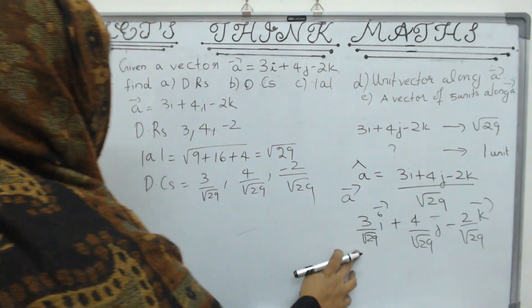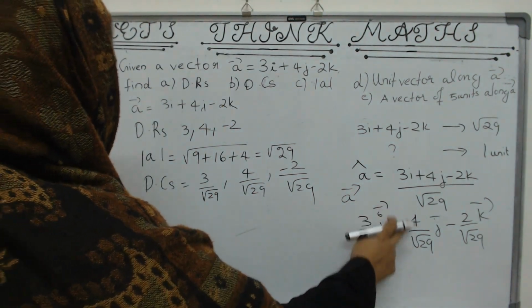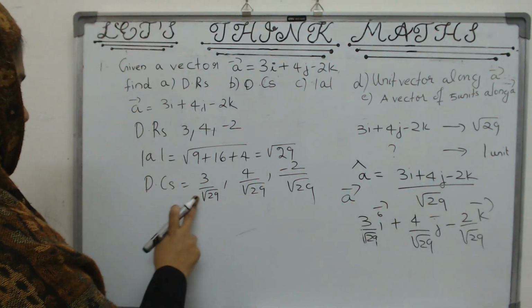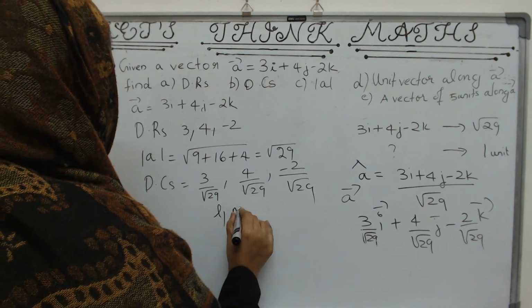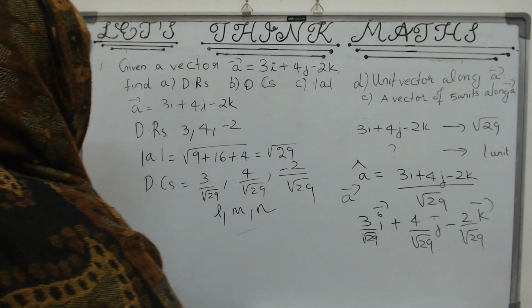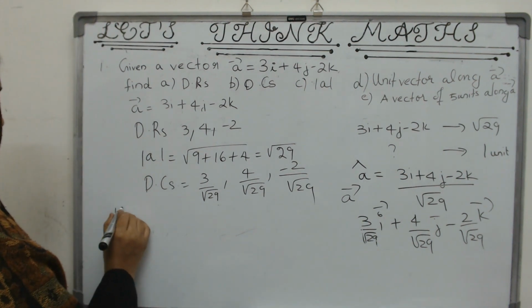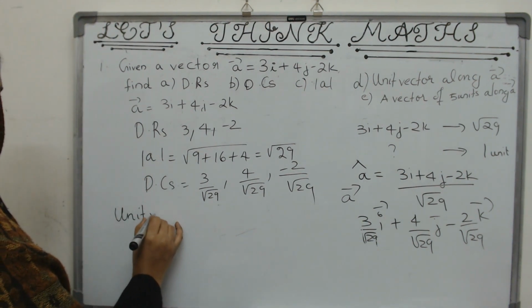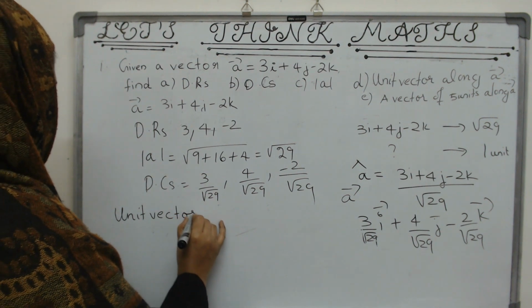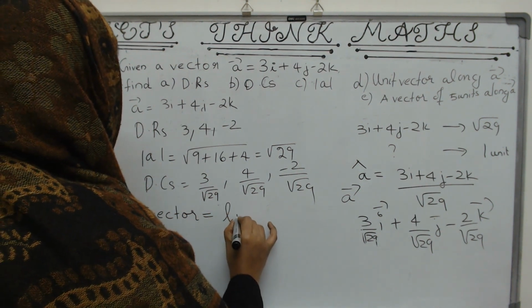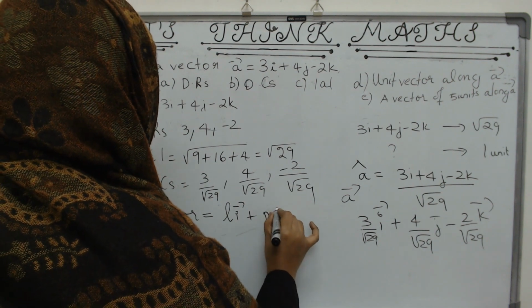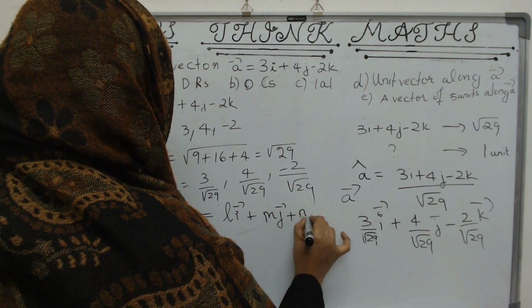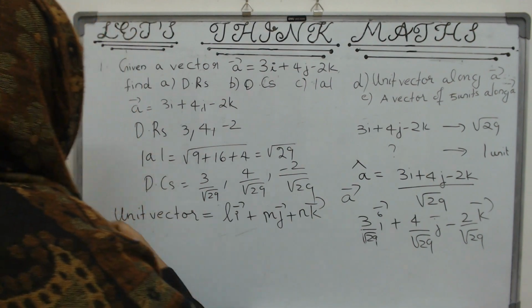What is this 3 by root 29, 4 by root 29? These are exactly our direction cosines. Or in other words, if your direction cosines are l, m and n, really we can see this is the formula. Unit vector is given by l i plus m j plus n k. This holds for any vector.